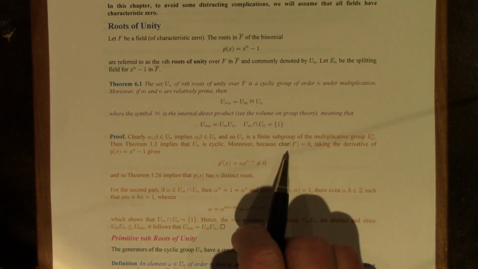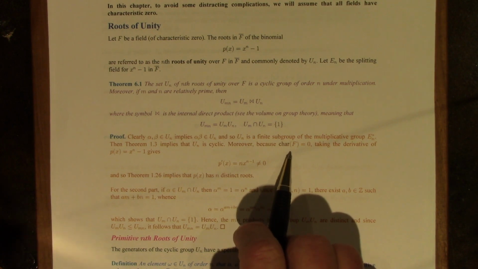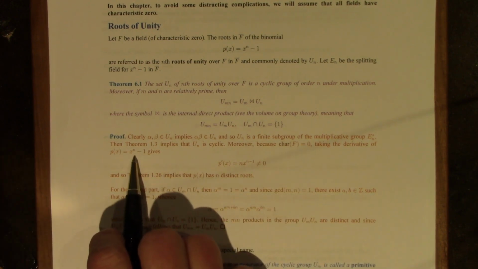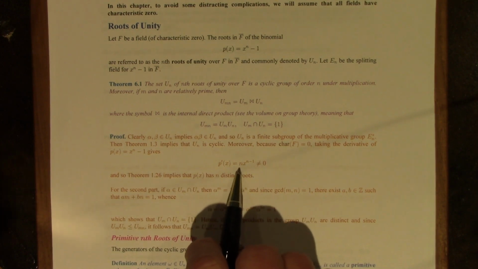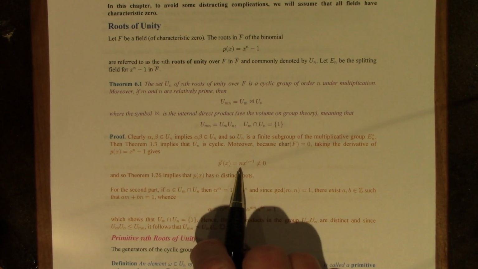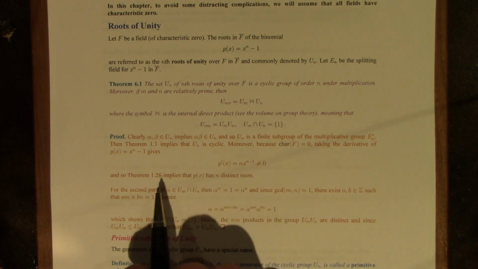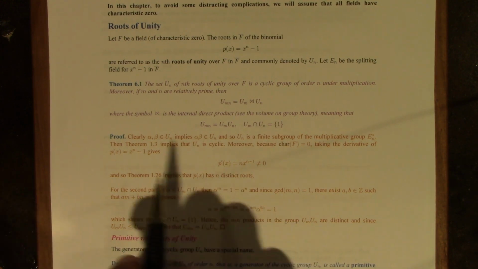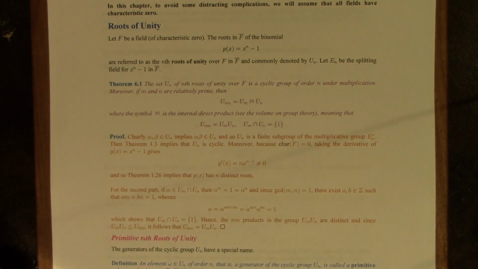Moreover, because the characteristic of F is 0, by assumption, taking the derivative of x to the n minus 1 gives us n x to the n minus 1, and that's non-zero because n is non-zero. So another theorem in chapter 1 tells us that this polynomial x to the n minus 1 has n distinct roots.